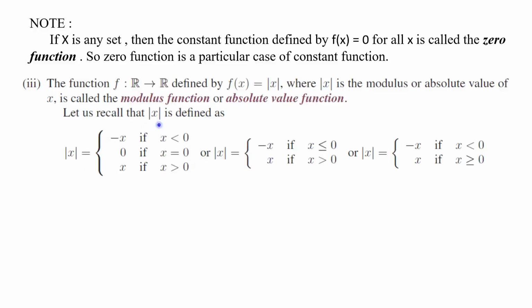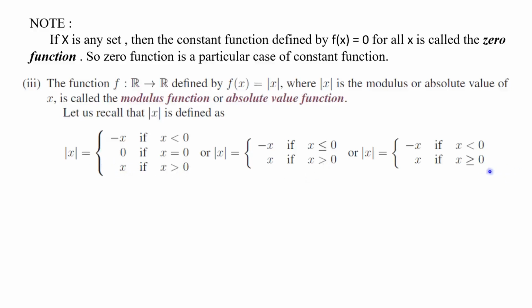We can define this in three parts. Modulus of x is equal to minus x if x is less than 0. So whenever x is less than 0, we have to define the modulus of x as minus x. Like that, if x is greater than 0, you have to define the modulus of x as plus x.